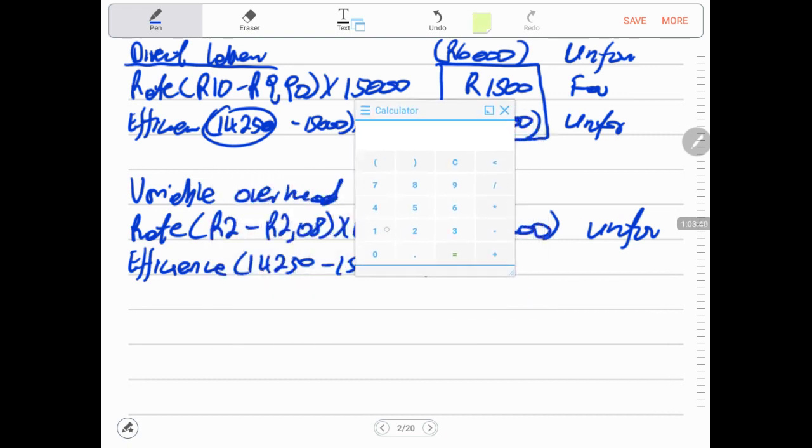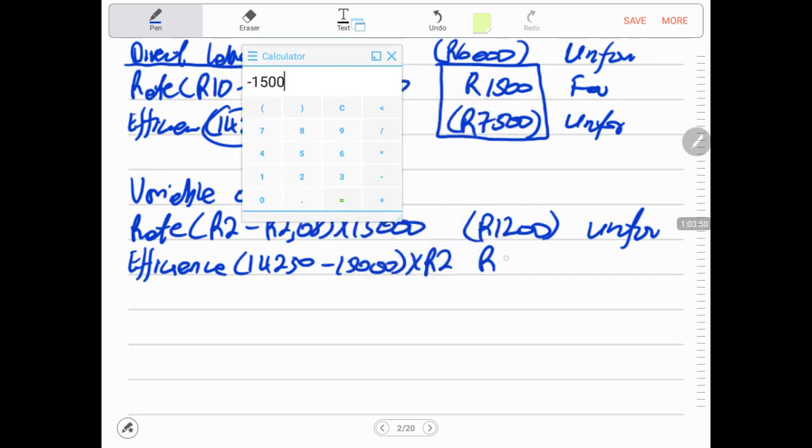So now we have 14,250 minus 15,000, times this by 2. Then we have a variance of 1.5, that is unfavorable, 1,500.